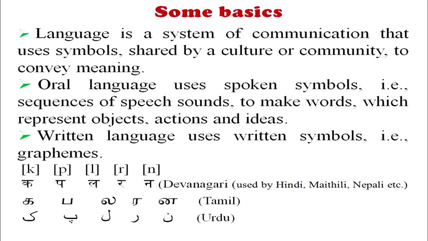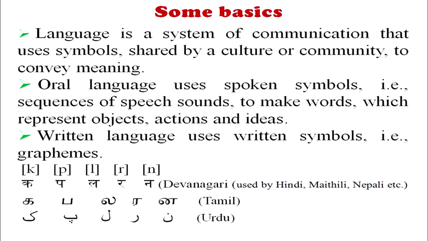Oral language is primary, that means we first learn how to speak and then only we learn how to write a language. As you can see here, oral languages use oral spoken symbols like the sounds, consonants, vowels which are produced by human organs, and second is written language which uses the graphemes, the letters of the alphabet and so on.